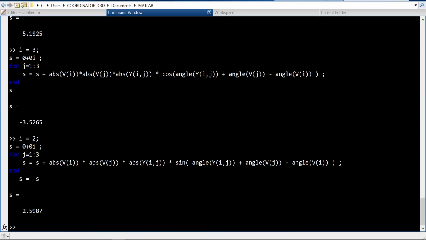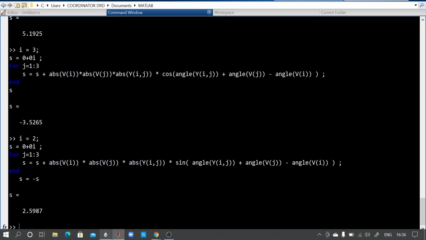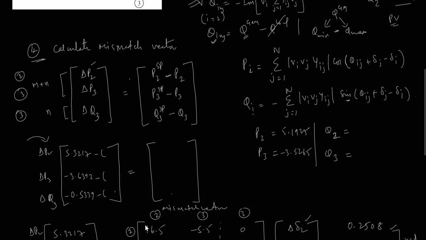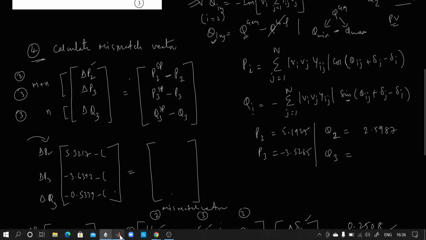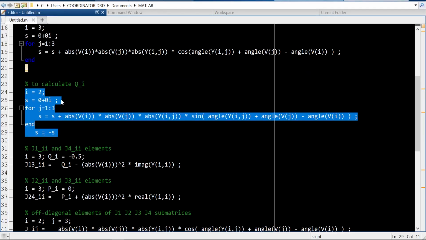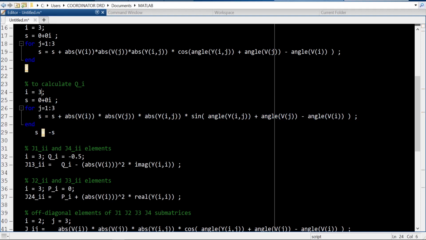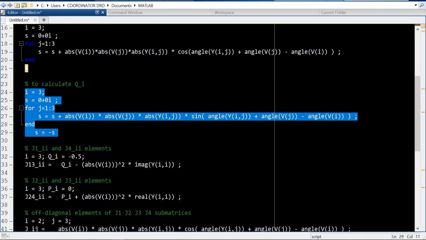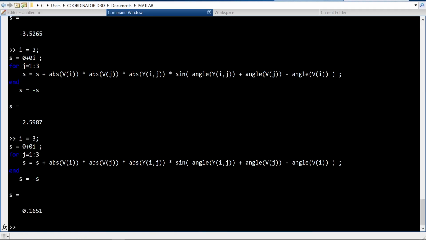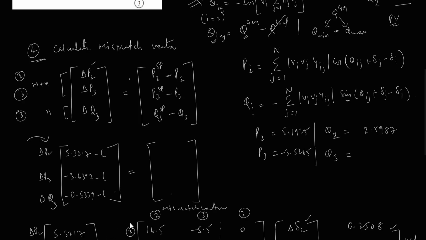So Q2 is 2.5987, and Q3 next. Q3, I just remove this I equals 3 and then evaluate. So this is 0.1651.